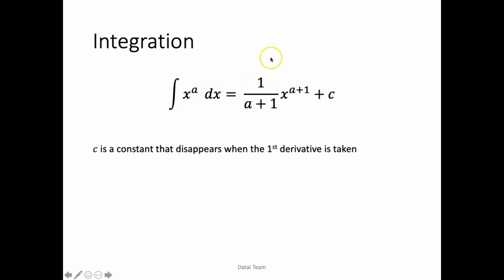What I mean is that we have 1 over a plus 1 times x to the a plus 1, plus a constant, because if we had a value like 5, when we take the derivative, that 5 value would be lost.